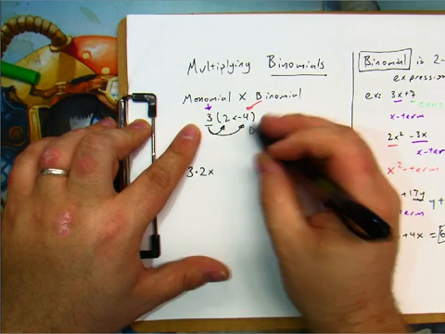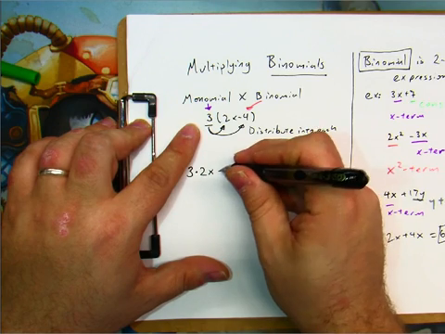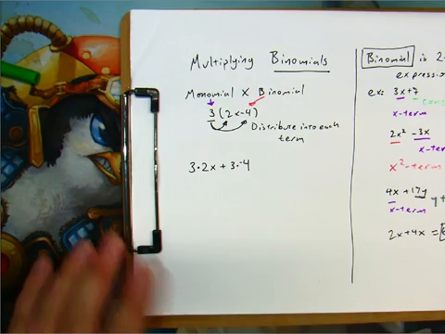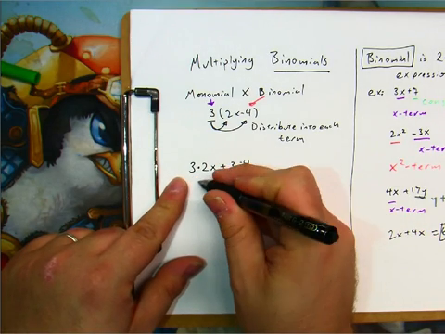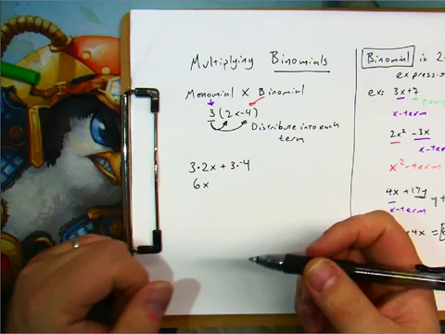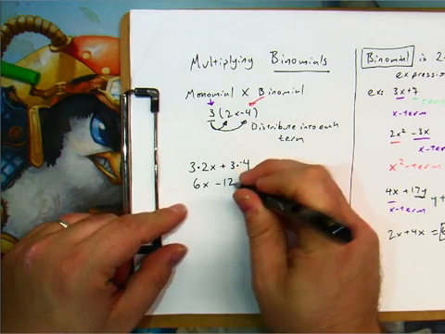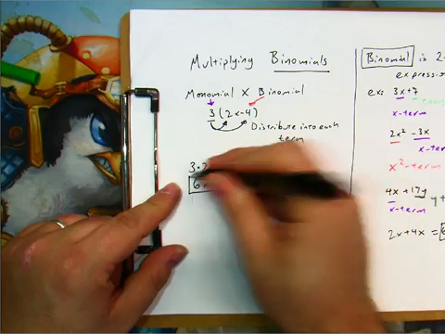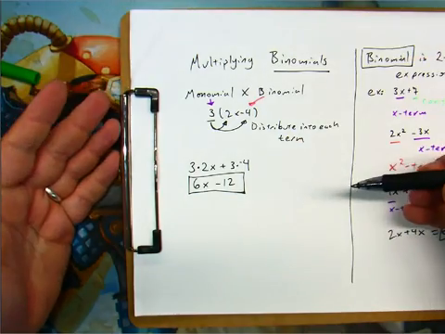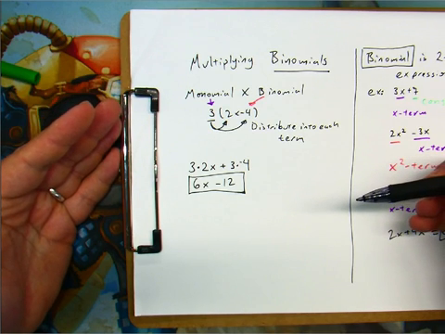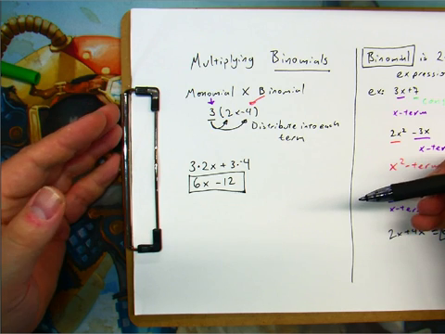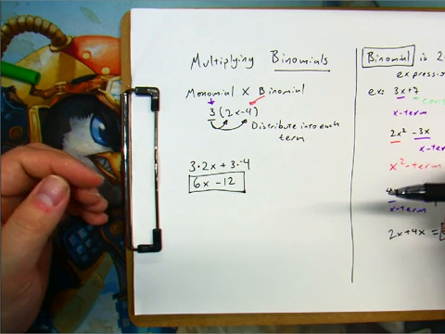So I would say plus 3 times a negative 4, like that. So this becomes 3 times 2x is 6x, 3 times a negative 4 is negative 12. So I would have 6x minus 12. This would be my answer, right? That's a monomial times a binomial. Any questions on this? Feeling good? Feeling mellow?